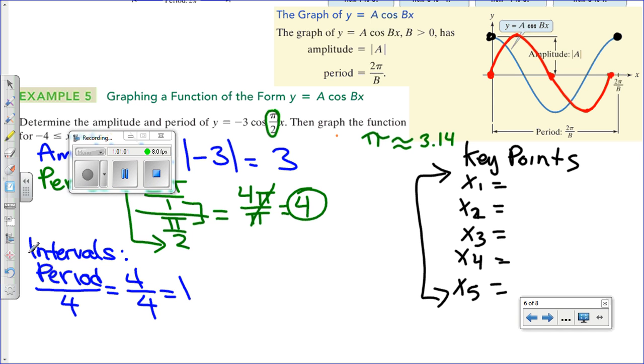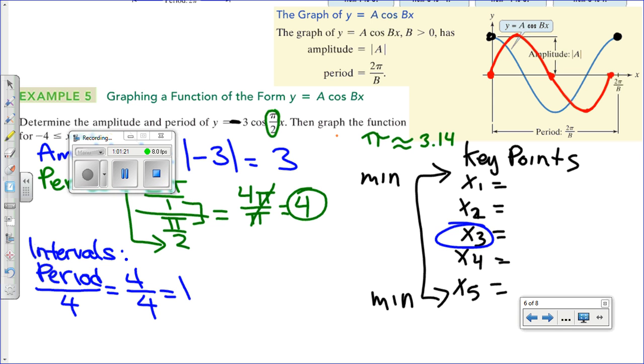However, here, do we have a reflection? Yes, we do, because there's a minus. So the first and the last point are going to represent the minimum y values. And what do you guys think this one in the middle will be?